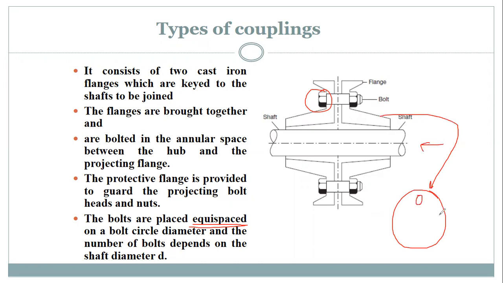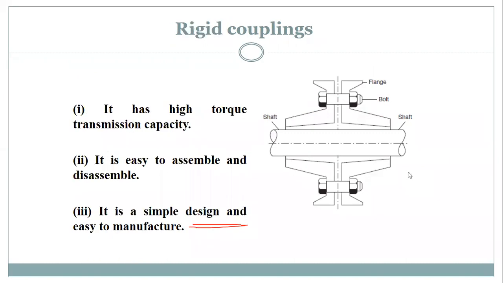And you will find these bolts are equally spaced. You can see I have drawn 4 bolts. So these 4 bolts will be equally spaced on this pitch circle diameter, right? This is how the bolting of the flanges is done so that they can support the shaft.